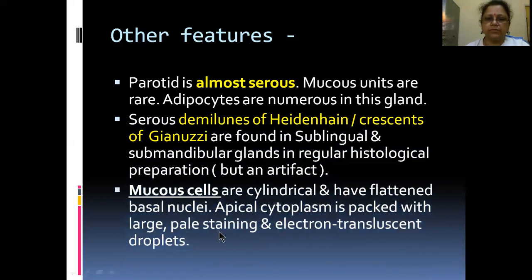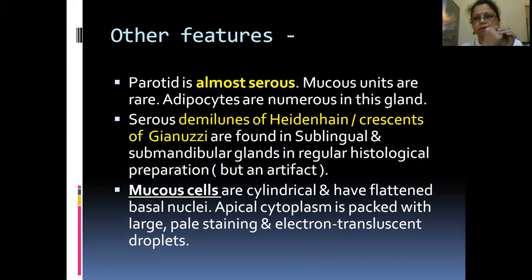Then coming to mucous cells. Mucous cells are usually cylindrical and have flattened basal nuclei because the apical cytoplasm will be packed with large pale staining, electron translucent droplets. So the mucus present in the cytoplasm will push the nucleus towards the basement side. Okay, so a typical ring shape.